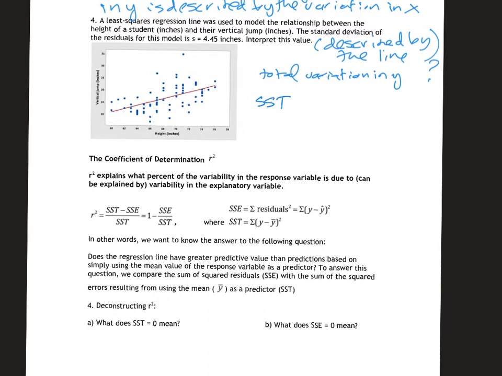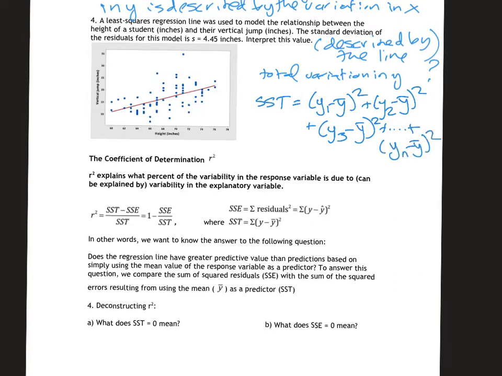How SST is calculated: you take all the data points, subtract the mean, and square. So y1 minus y bar squared plus y2 minus y bar squared plus y3 minus y bar squared, all the way to the last one, yn minus y bar squared. So that's the total variation.